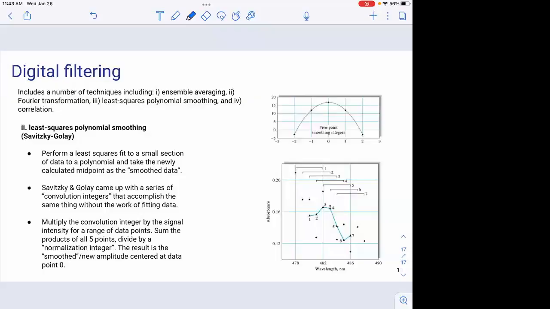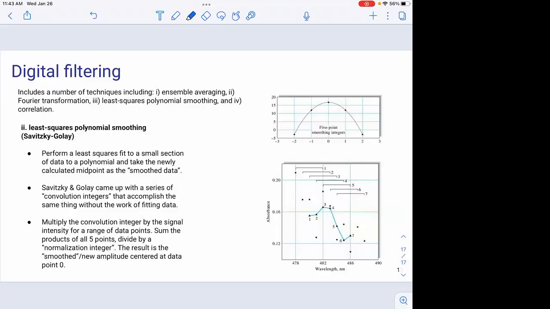So the fix for this is to use a least squares polynomial smoothing method. Sometimes this is called Savitsky-Golay. So basically what you're doing is you're performing a least squares fit to a small section of data, and you're fitting it to a polynomial. If you're taking an AChem class, you're thinking, well, least squares is what I use to fit a linear equation to my calibration data.